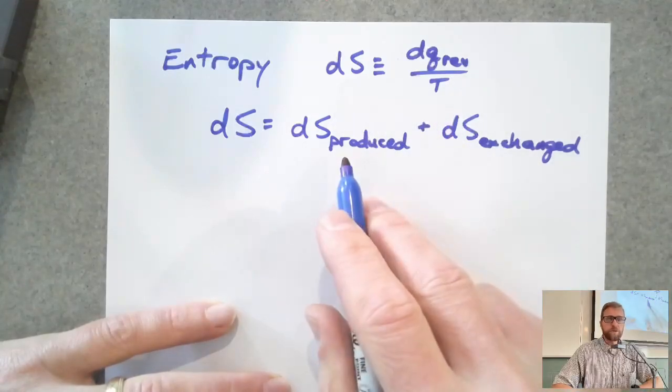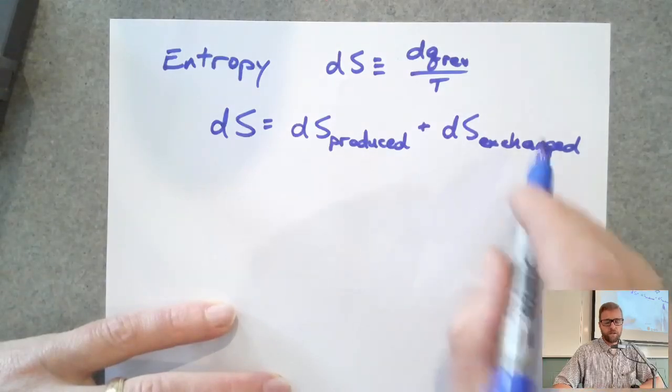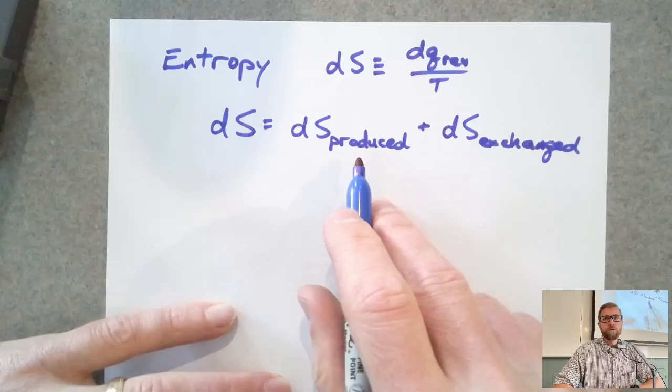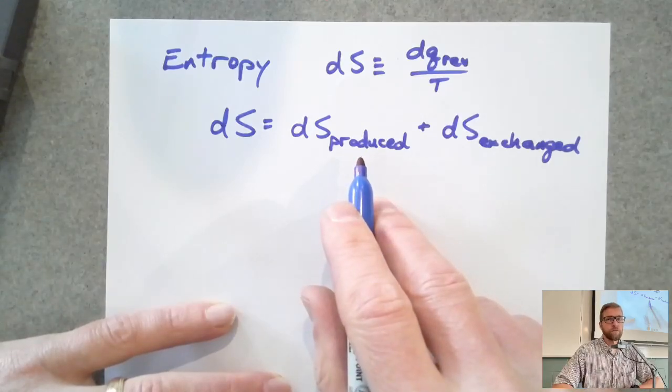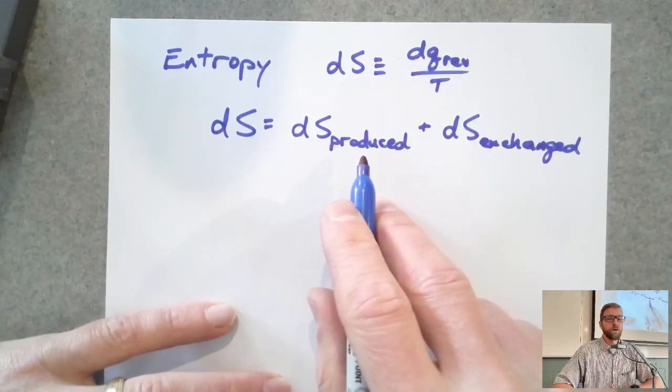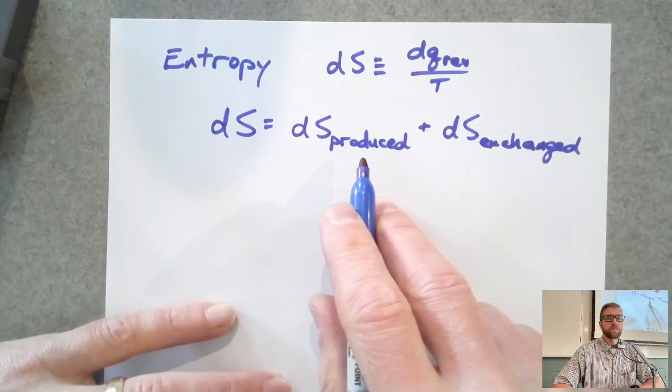If you go through an irreversible process, then you're producing entropy. And you're also exchanging entropy, or you can be, but you are producing entropy when you go along an irreversible process, and you're not producing entropy when you go along a reversible process.